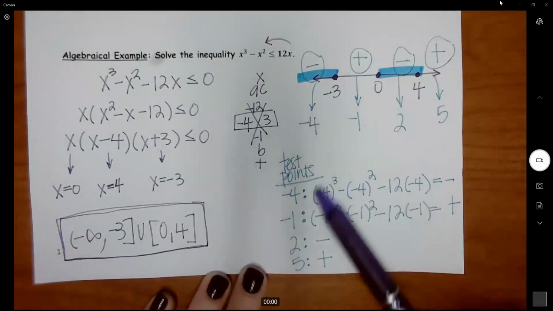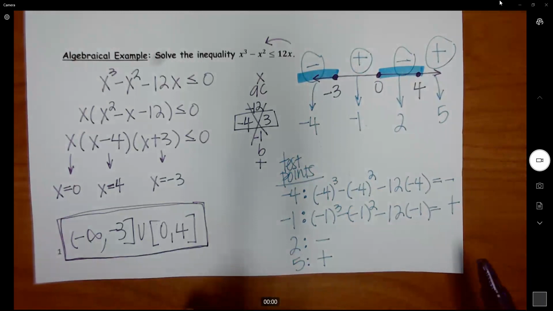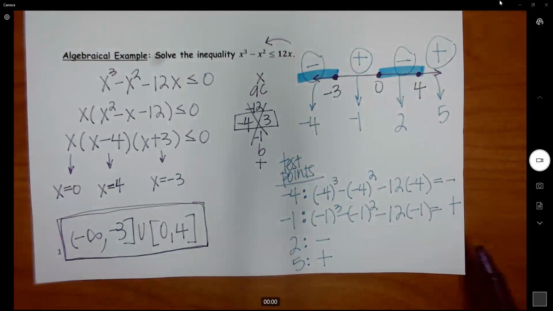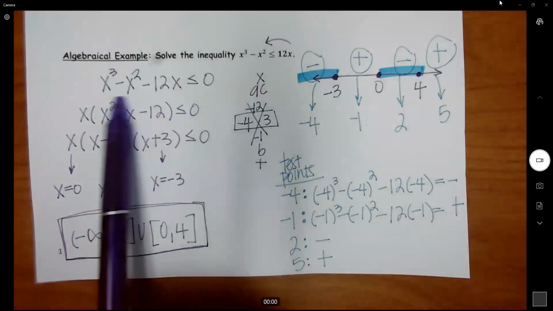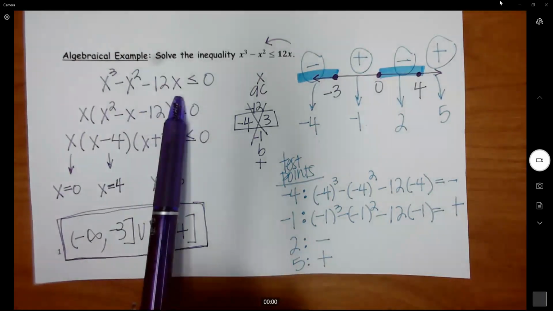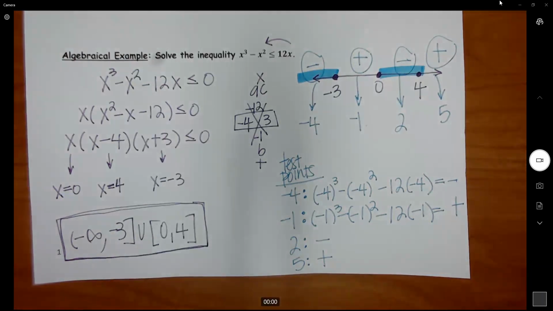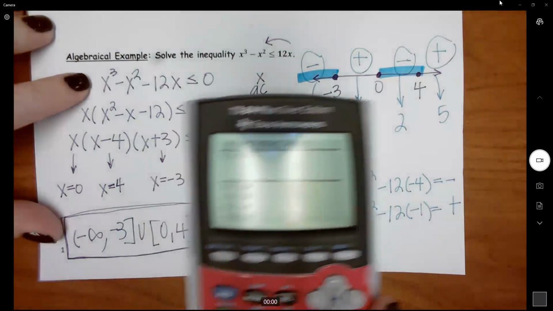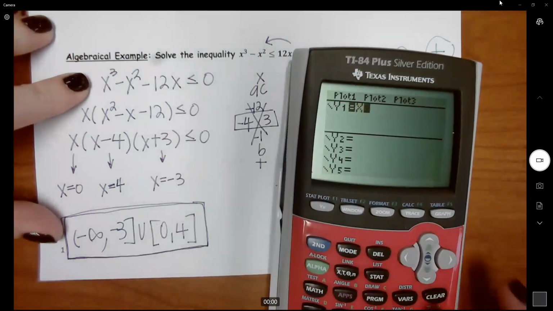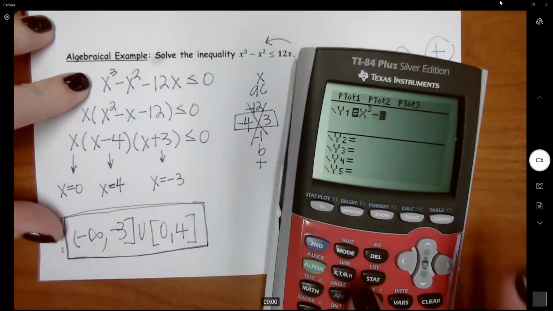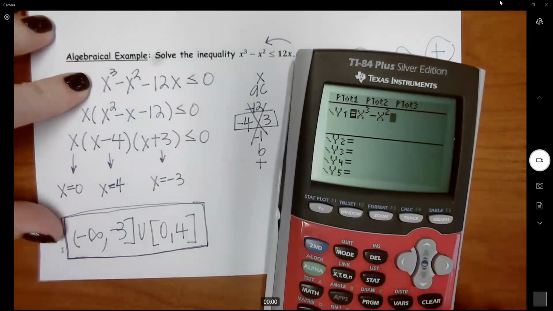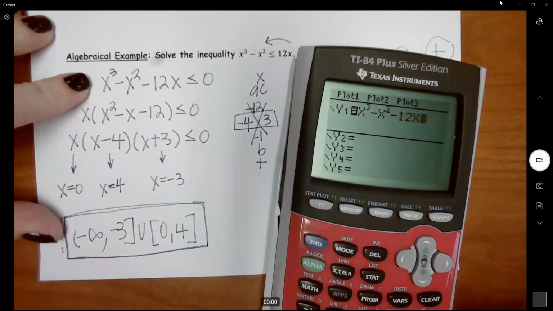You do need to understand how to do this, but in all reality, you can put this in your calculator and visually see what that graph is going to look like and where it is above and below. So if I put this in, we've got x cubed minus x squared minus 12x.